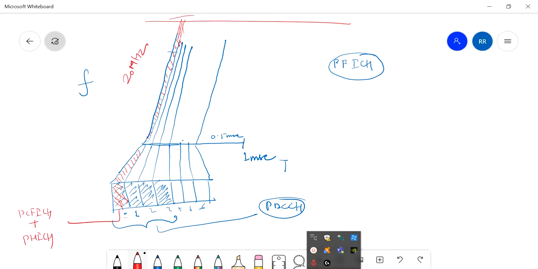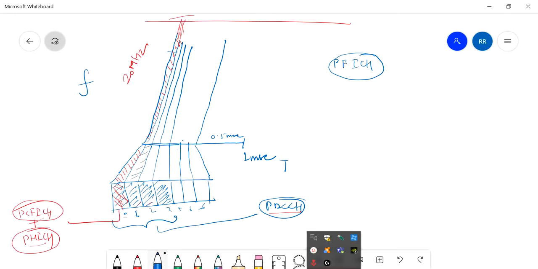So the first slot has PCFICH plus PHICH, and this first slot also has PDCCH. So in the first slot, three channels are there: PCFICH, PHICH, and PDCCH. And PDCCH may also get extended up to 3 more symbols, like here, up to here.